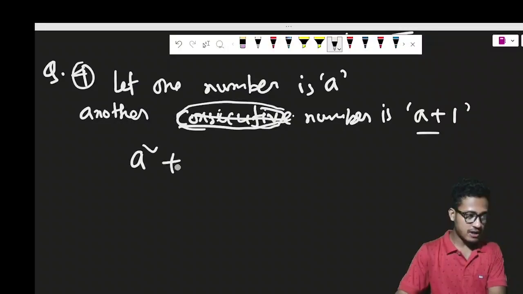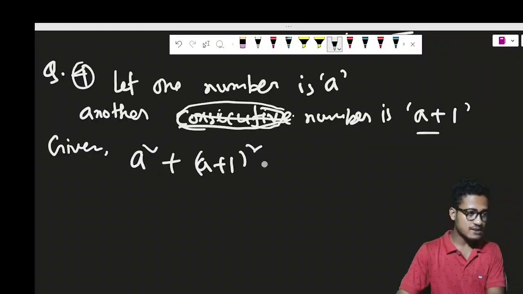According to the question, we are given that a square plus a plus 1 square, the sum of the squares, is equal to 365. This is given.